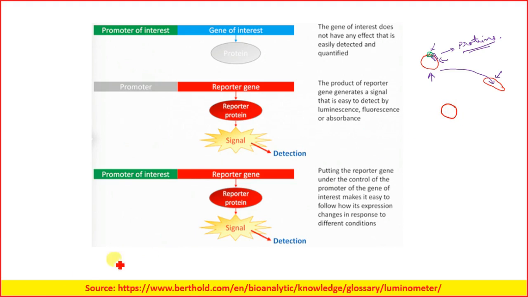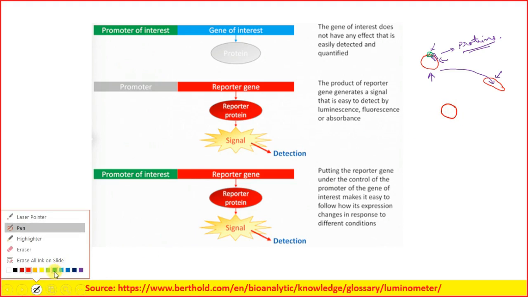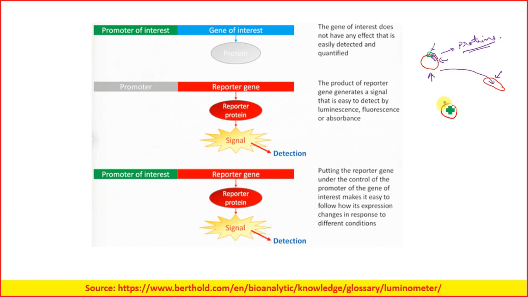we can take the plasmid, we take the promoter, and we take the reporter gene. Now the reporter gene, as the name suggests, tells you whether something is present or not. It is just reporting to you.